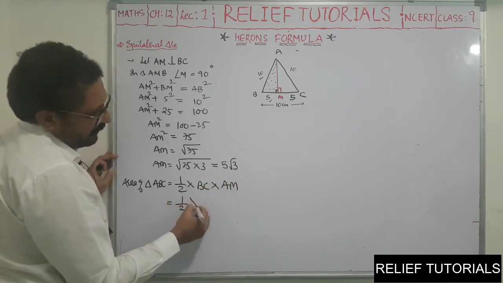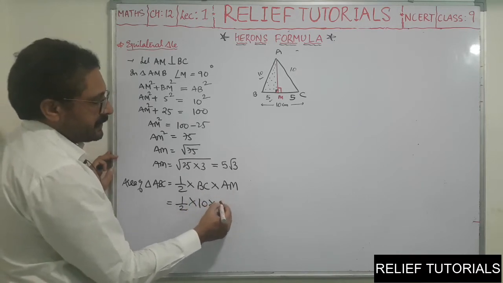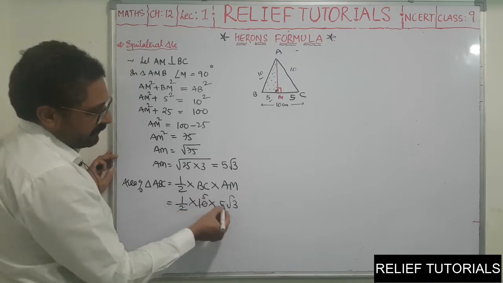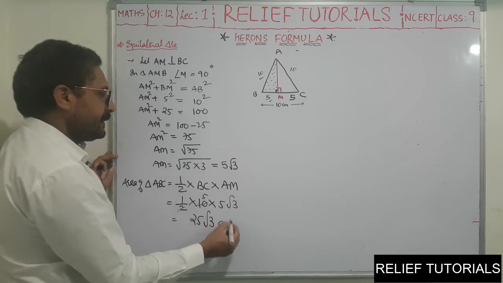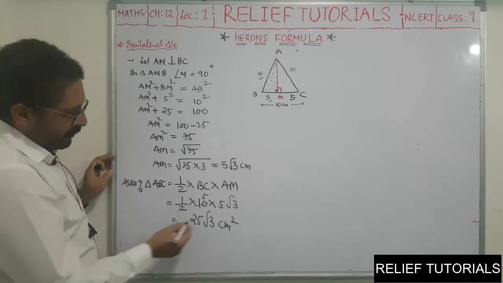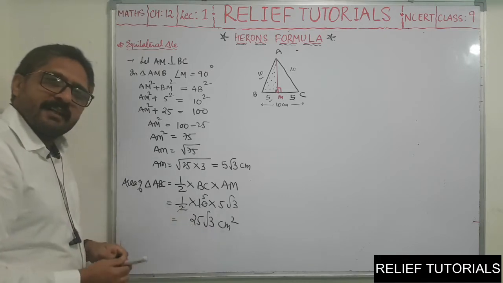So that is equal to half into BC. BC is how much? 10. Altitude AM is 5 root 3. 2 cancel here, 10 is 5, 10. 5 5s are 25 root 3 centimeter square. Suppose we say this is centimeter. So now we got the area of the equilateral triangle is 25 root 3 centimeters square.